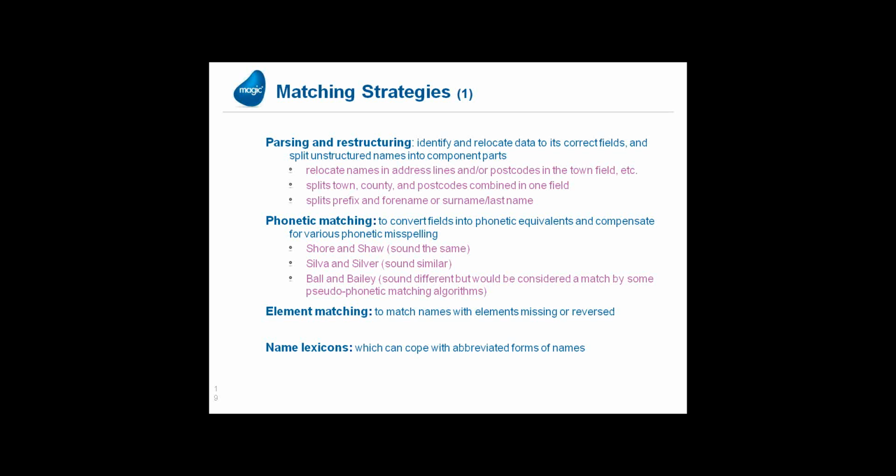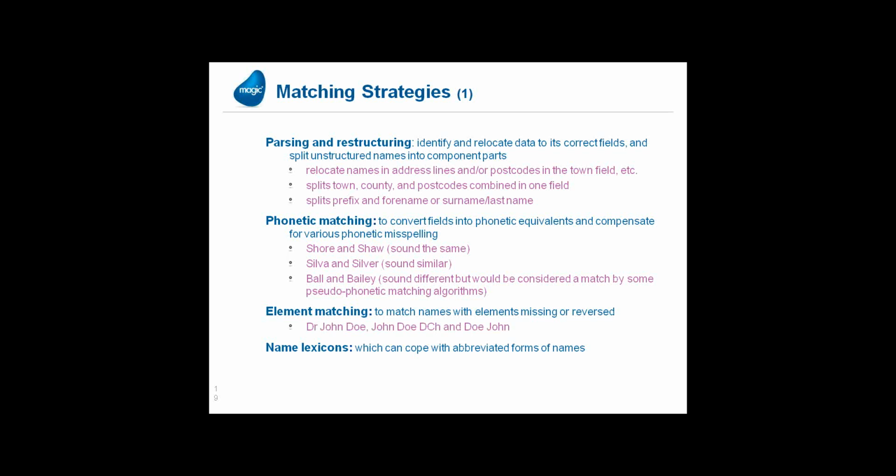Ball and Bailey sound the same. They're different, but they might be considered a match by some pseudo-phonetic matching algorithms. So we need to look at these kinds of rules for phonetic matching just to make sure that we recognize the difference between real name differences and similar kinds of names that are just spelled differently or were misunderstood when they were entered and that kind of thing.